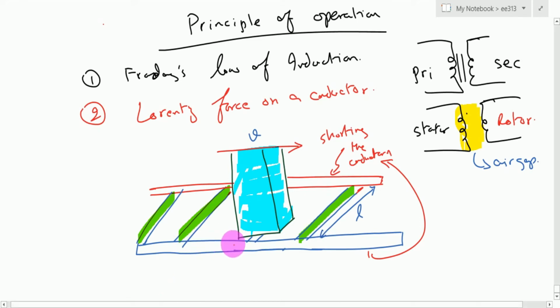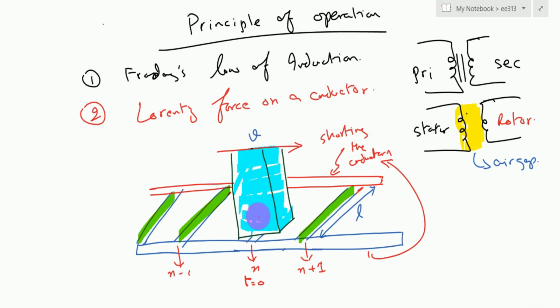We can say that this is connector number n, this is connector number n minus 1, and this is connector number n plus 1. At time t equal to 0, the permanent magnet, moving at velocity v, is cutting the connector n.